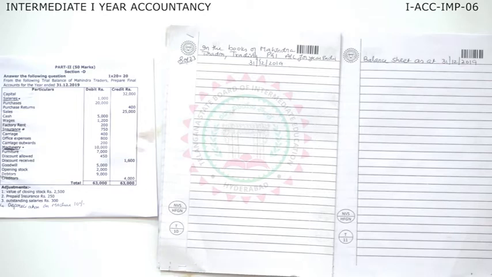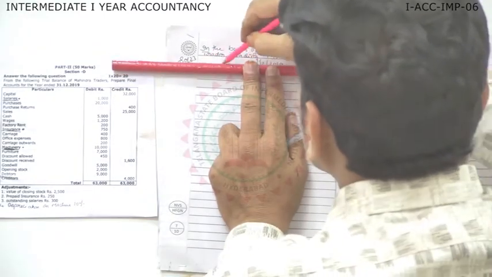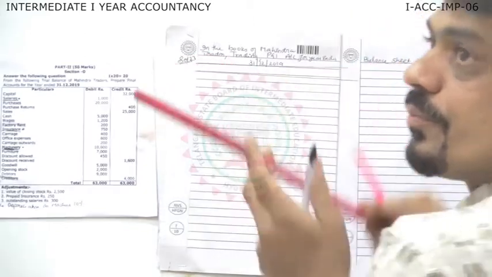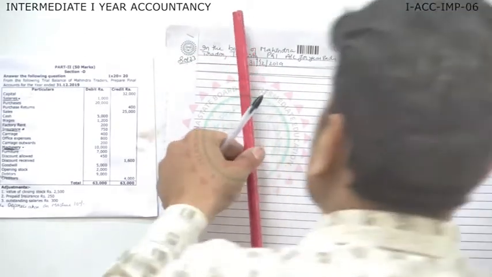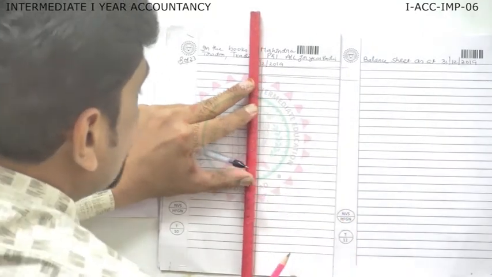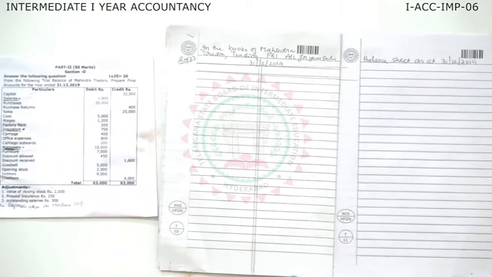How are you going to draft? See here, you first draw the account. Keep the scale in between and make a vertical line: debit side, credit side.